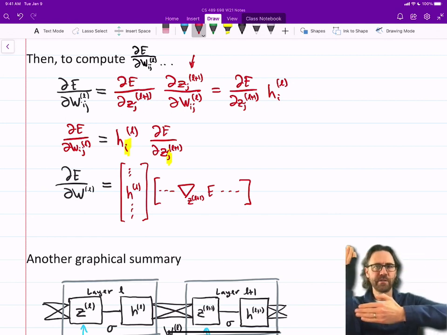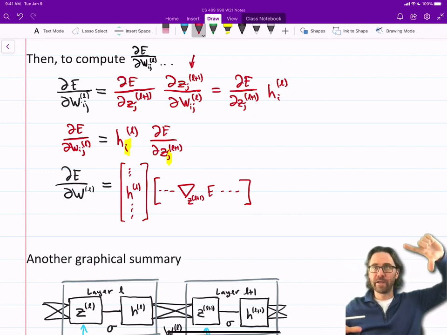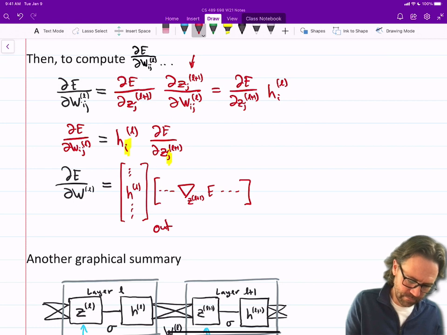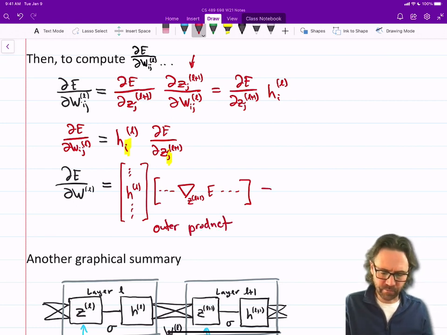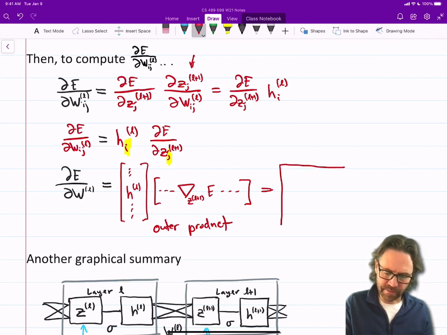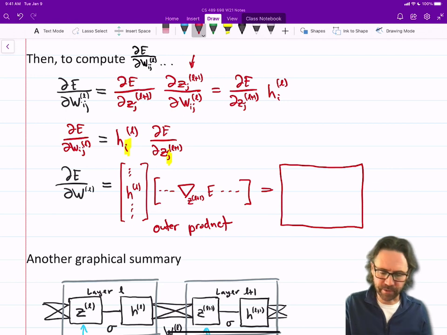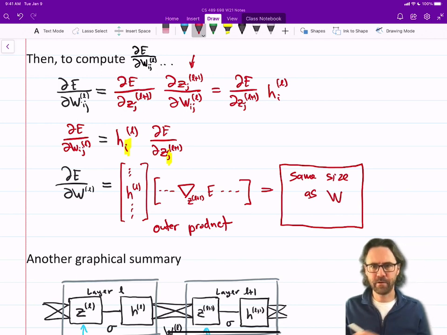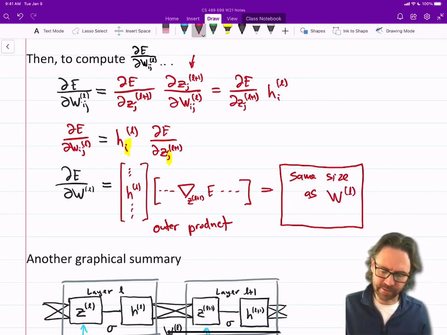This is the opposite. This is a column times a row. What you get out of that is a whole matrix. Outer product. And so what we'd get is a matrix that's the same size as our weight matrix W, or W_L in this case.